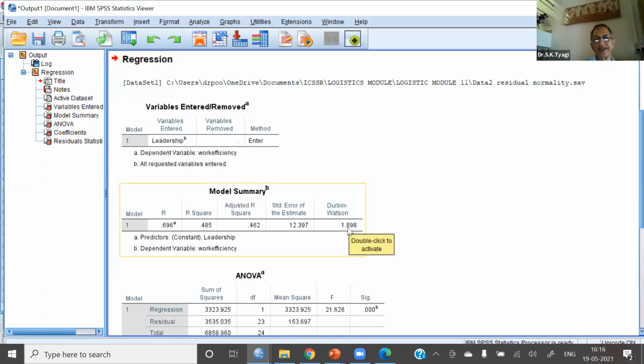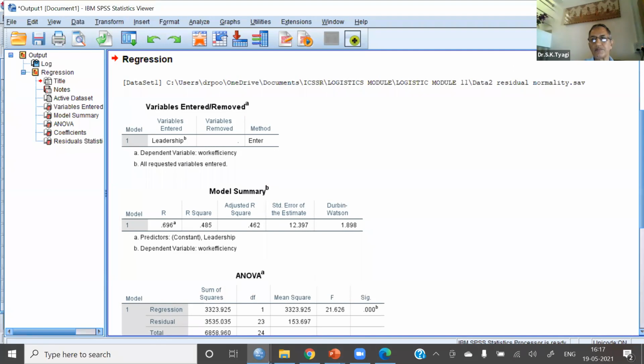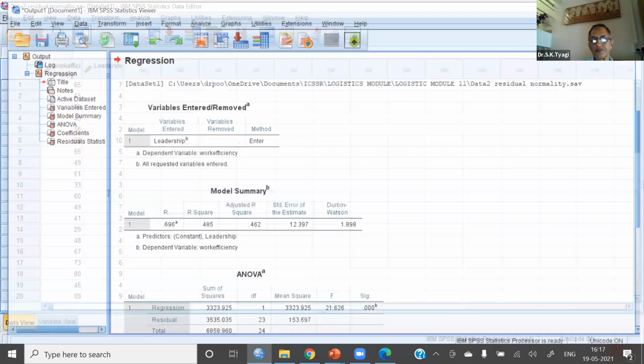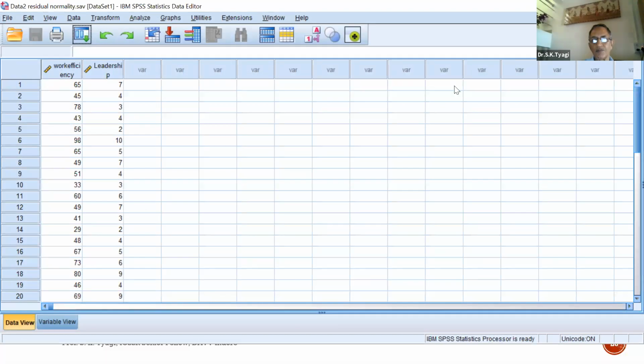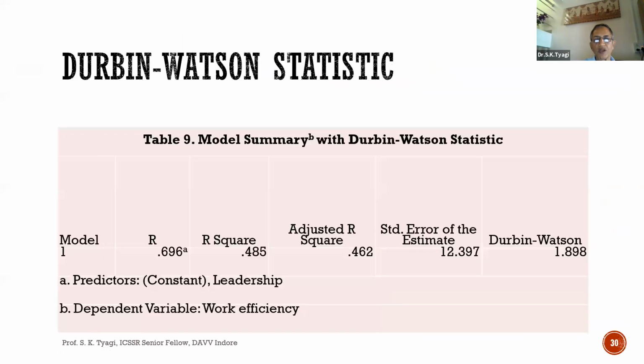It is in the model summary: 1.898. This is the Durbin-Watson statistics, 1.898.